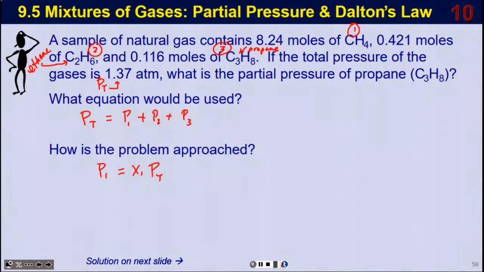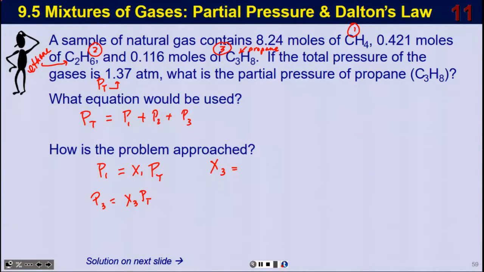So let's think about that for a minute, and we'll verify ourselves on the next screen. So the total, oh, I want to do the mole fraction. I meant that first. The mole fraction of gas 3 is going to be required to get its pressure, right? Because pressure 3 will be its mole fraction times the total pressure.